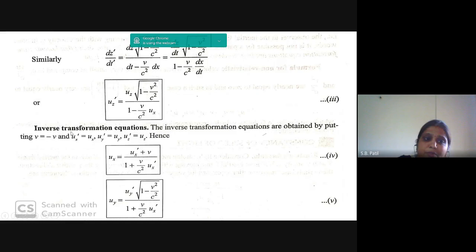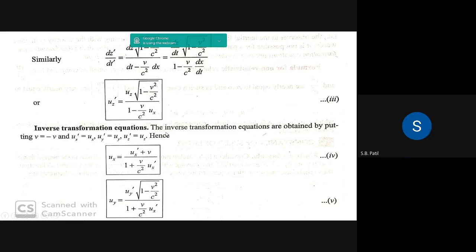Then we have to see the inverse transformation equations. In order to obtain the inverse transformation equations, we substitute v by minus v, and ux prime will be shifted to ux, uy prime to uy, and uz prime to uz. So the inverse transformation equation is ux equal to ux prime plus v. Here ux prime is interchanged with ux, and v is replaced by minus v.